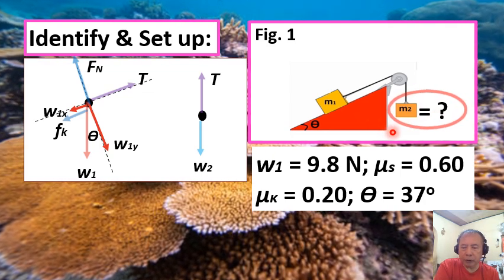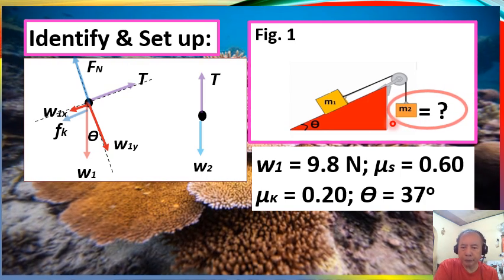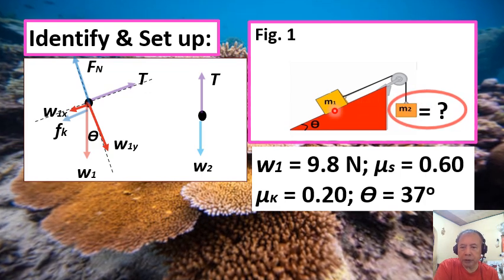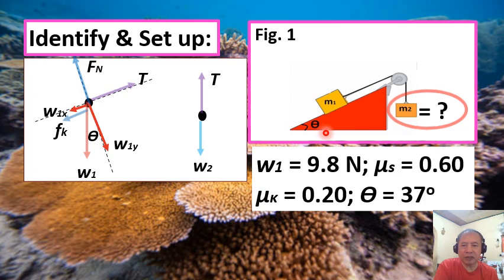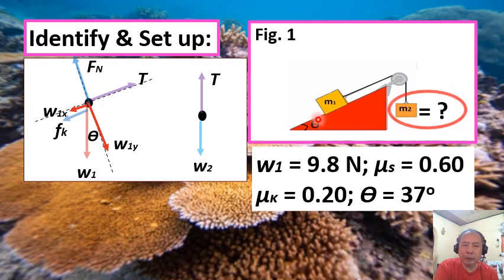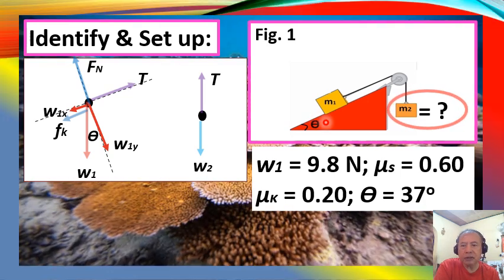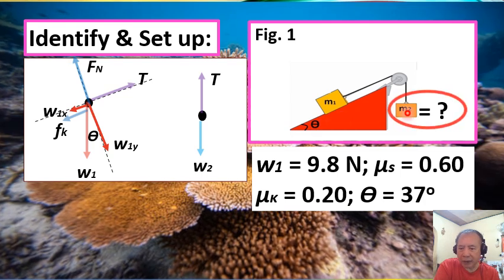In case 1, we are going to find the value of the mass m2 if the system is set into motion such that m1 moves with constant speed up the incline.